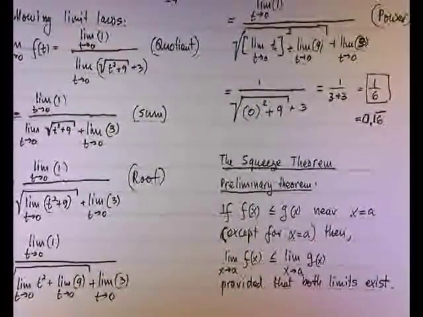Okay, so look at it for a second, and it does make sense. If you have one function sitting underneath another function, and that function may be continuous or may have a hole or some kind of asymptote at x equal a, so for every point near a, except for a itself, then the limit of the function that is sitting below the other function will also be less than the limit of the function sitting above it.